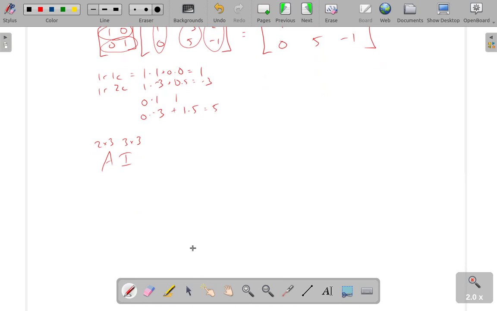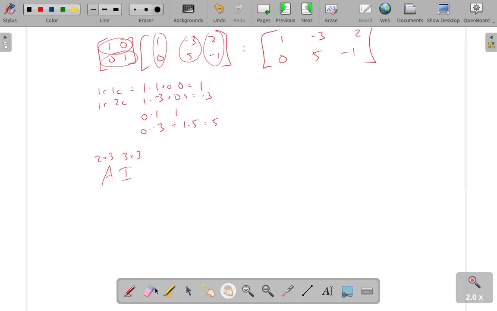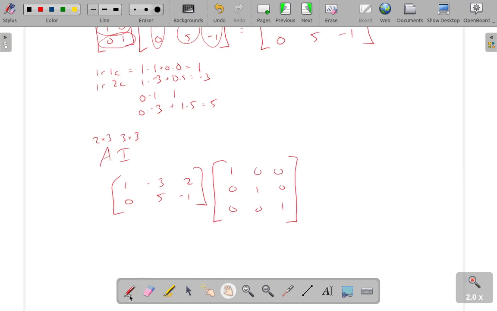So we'd be doing 1, negative 3, 2, 0, 5, negative 1, times the 3 by 3 identity, with ones along the diagonal and zeros elsewhere. And what we're going to end up seeing is a similar sort of thing happening. This is a 2 by 3 and a 3 by 3, so we're going to end up with a 2 by 3 as the result.